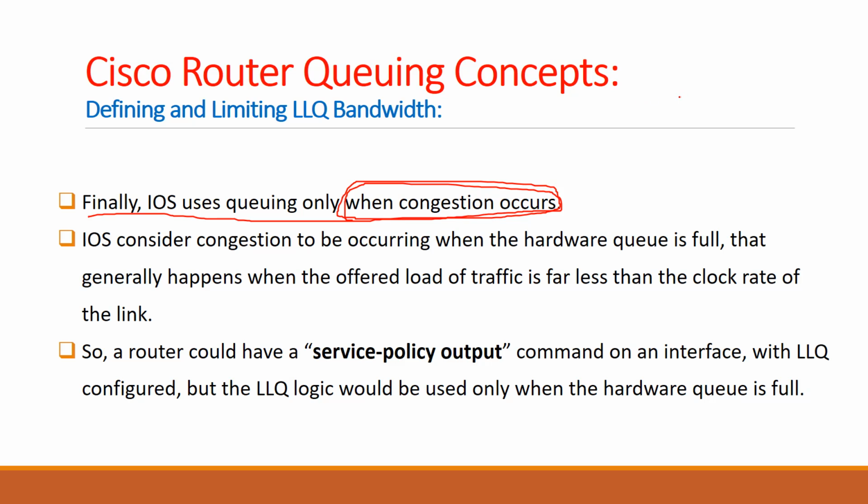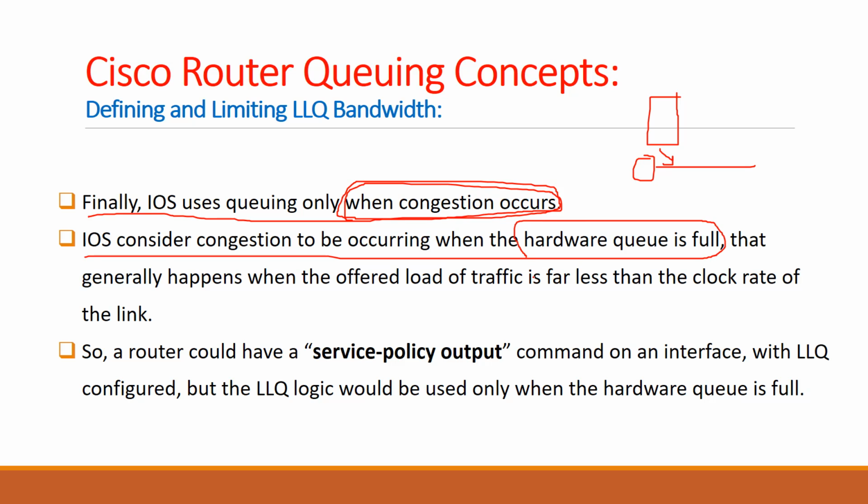Because if there is no congestion, the packets will be serviced without latency, without dropping, and so on. IOS considers congestion to be occurring when the hardware queue is full, not the software queue. And that generally happens when the offered load of traffic is far more than the clock rate of the link.